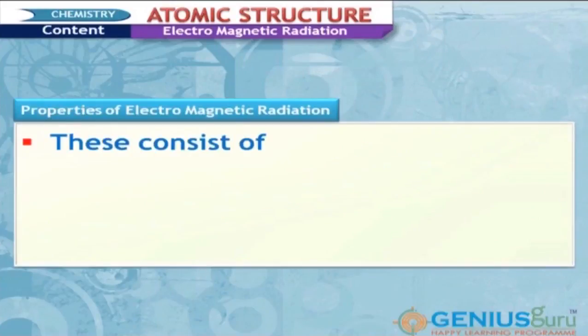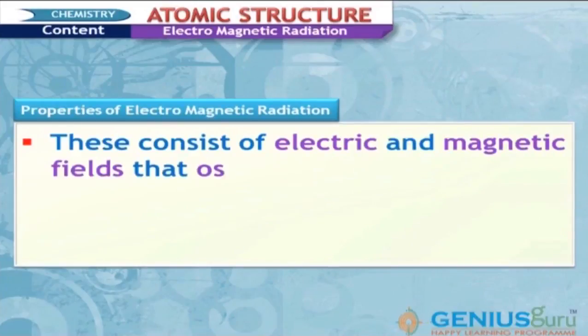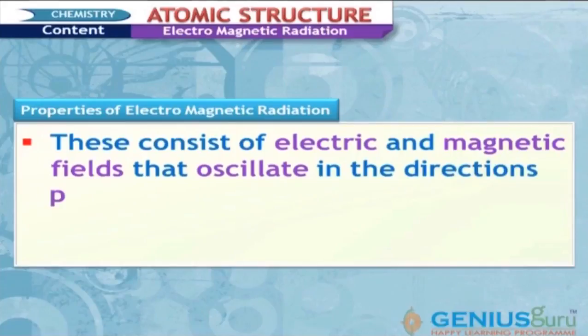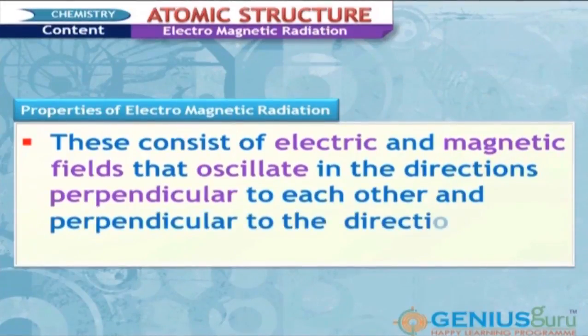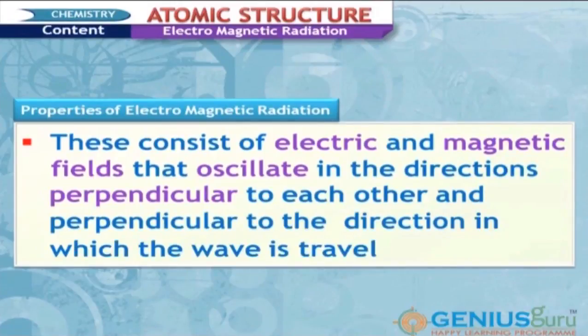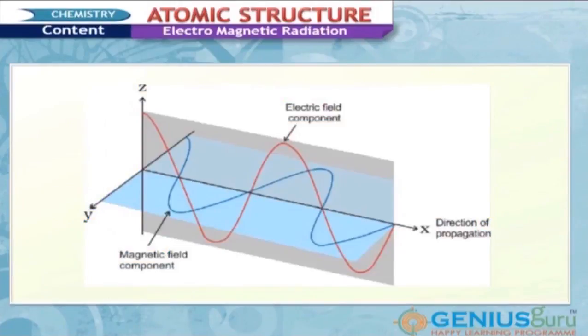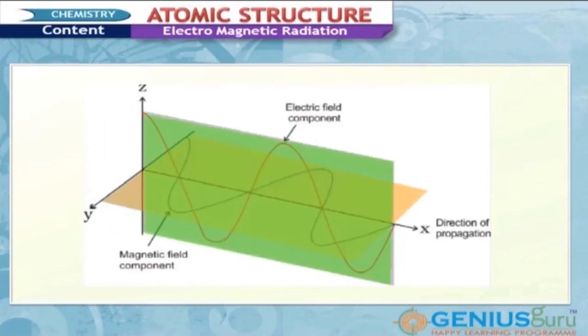Electromagnetic radiation consists of electric and magnetic fields oscillating in directions perpendicular to each other and perpendicular to the direction in which the wave is traveling. Look at this: the red indicates the electric field component and the blue indicates the magnetic field component, which are perpendicular to each other and also to the direction of propagation of the wave.